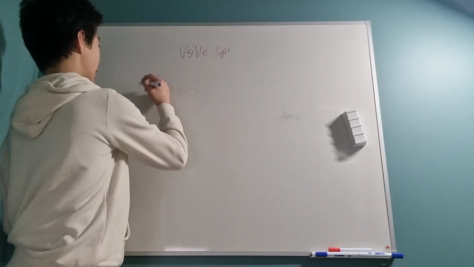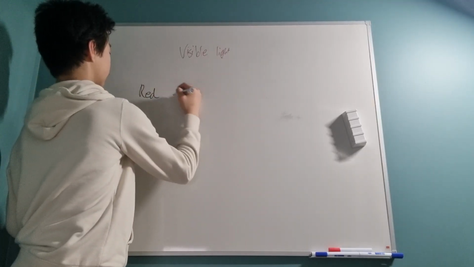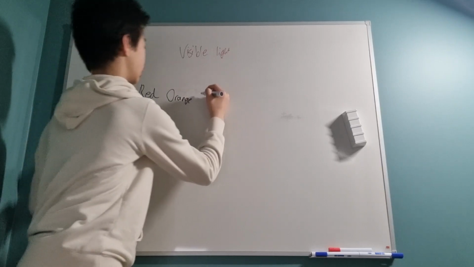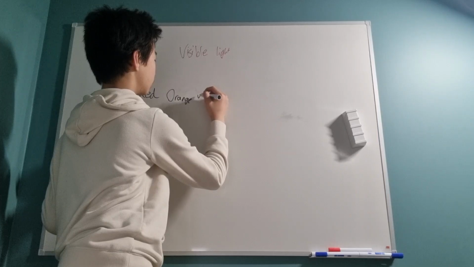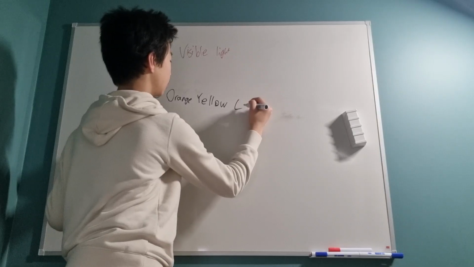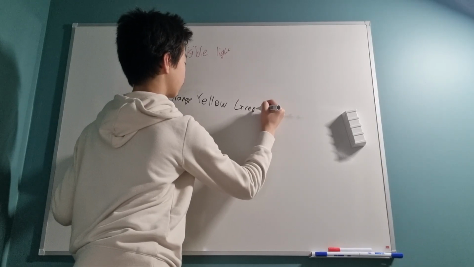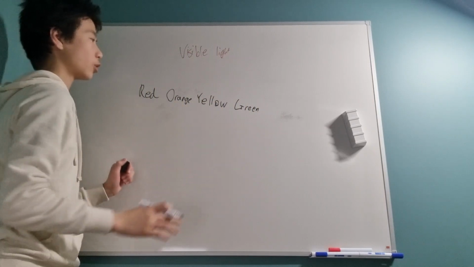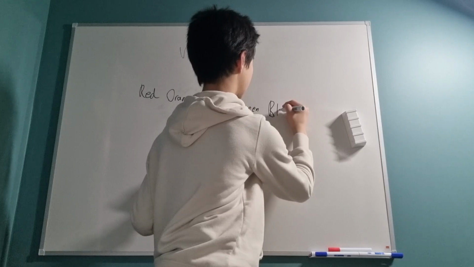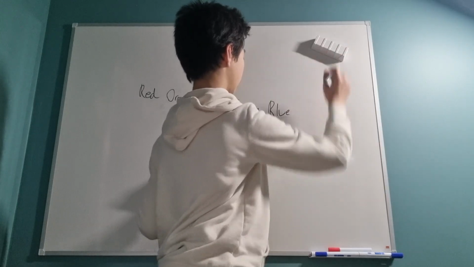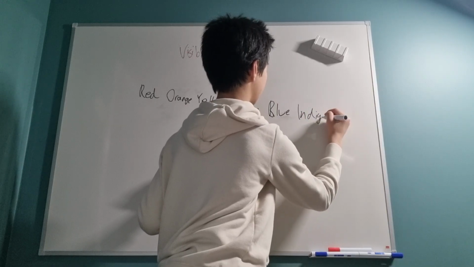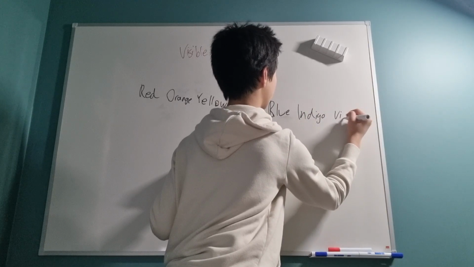So we start with red, orange, yellow, green, blue, and indigo, and violet.